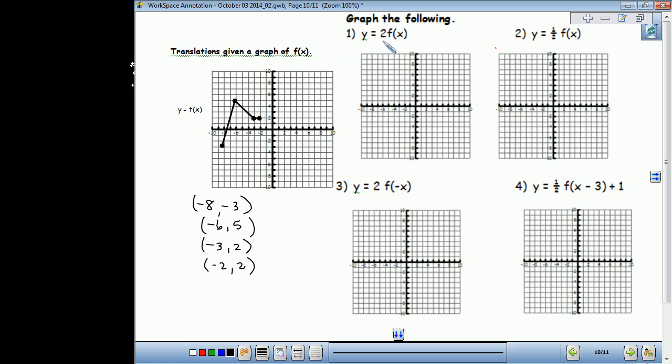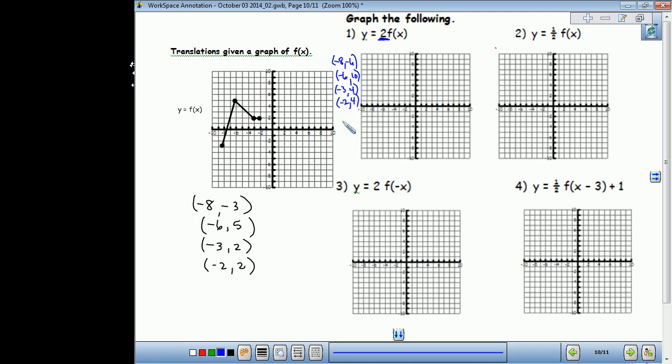Okay, so this first one says, let's do a vertical stretch by a factor of 2. What's that going to do to all my y's? Yeah, it's going to double them, isn't it? So I get (-8, -6), (-6, 10), (-3, 4), and (-2, 4).